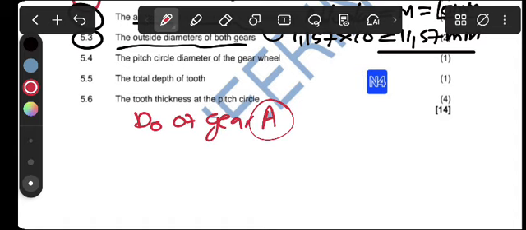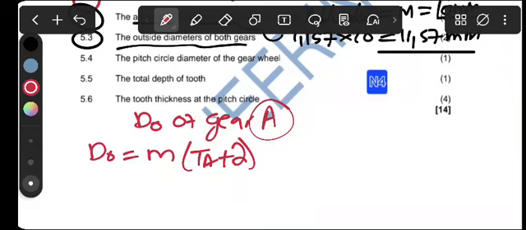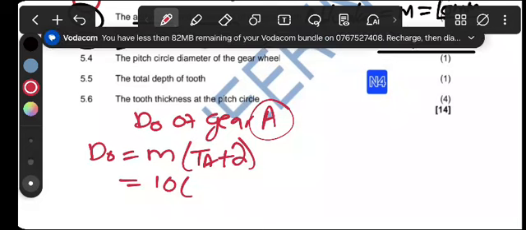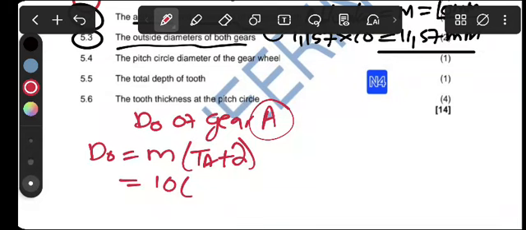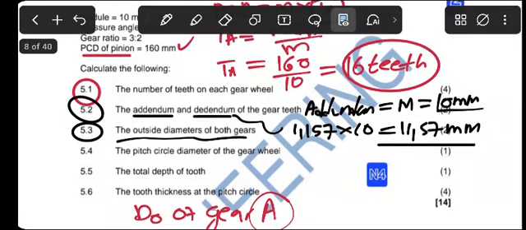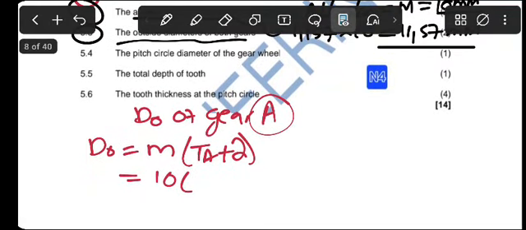So we know that DO must equal the modulus times the teeth of gear A plus 2, as always. The modulus is 10. The teeth of A we've calculated as 16.